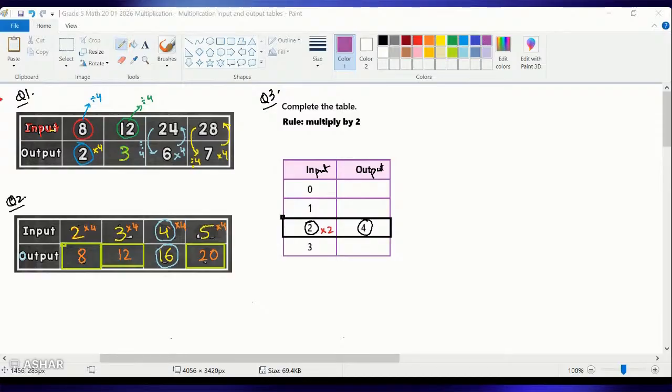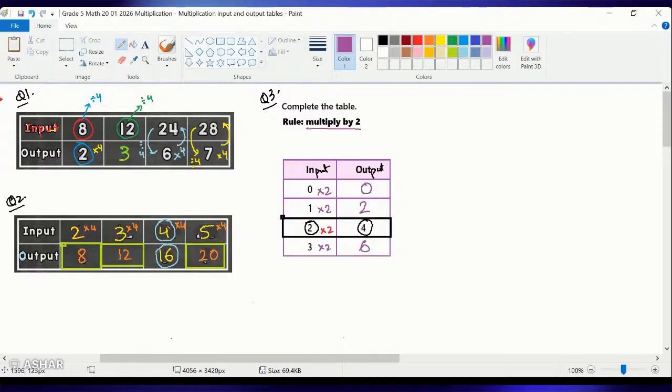See, 0 when multiplied by 2, and the rule for 0 is 0 multiplied by any number stays 0. All the input numbers would be multiplied by 2. 1 multiplied by 2 would be 2, and 3 multiplied by 2 would be 6. Right? This is how we apply the rule of multiplying by 2.